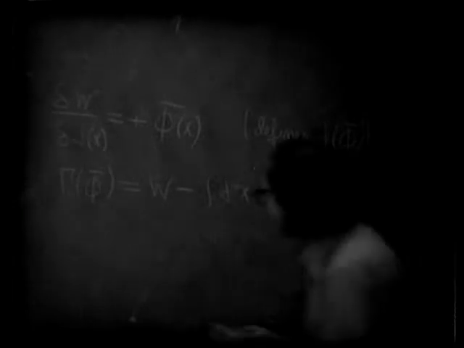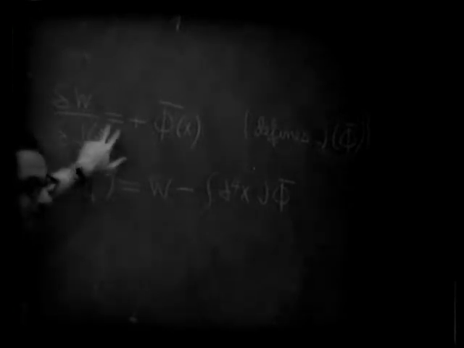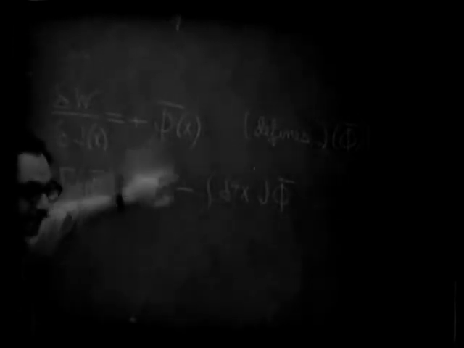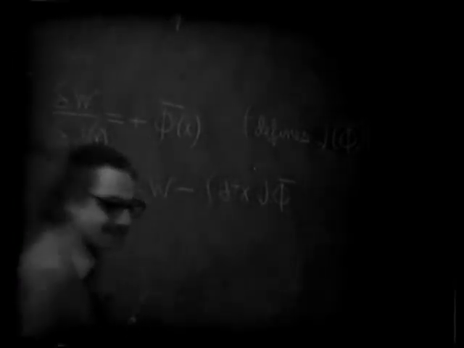Thus, the whole procedure of finding the generating functional of one particle irreducible graphs from the generating functional for connected graphs, I should say Green's functions, the sums of all graphs, is simply a Legendre transformation. You differentiate W with respect to J to define the new variable phi bar, and do this.